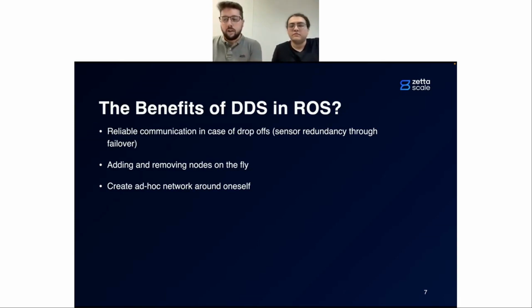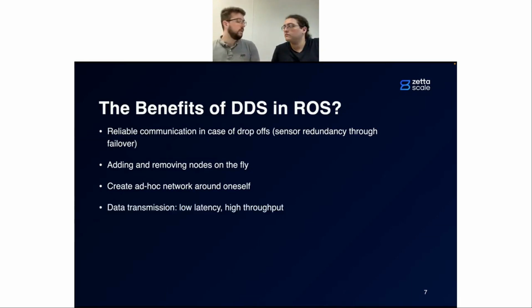Another benefit of DDS, talking about those constraints, is very low latency and high throughput. This is not necessarily something the DDS specification was designed for, but it is a feature of the implementation.